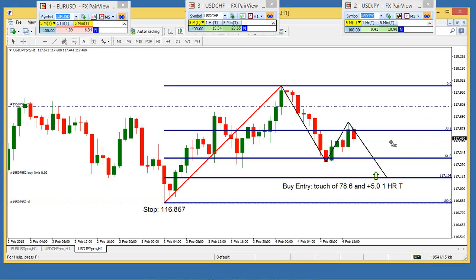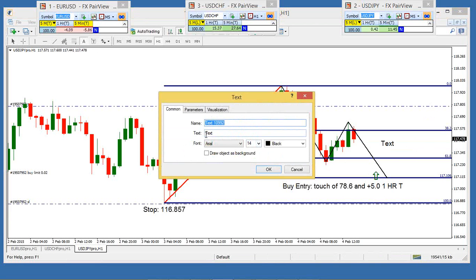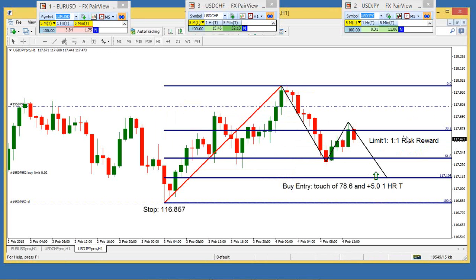So this always gives us an opportunity to scale out of our trades. What that means is, because this is a tracking account, I'll generally do like 2 micros on this. I'll do a limit 1 at 1-to-1 risk-reward, meaning based on my entry and putting my stop at 116.857, whatever the difference in pips is, I'll take off half my position at a 1-to-1 risk-reward ratio.